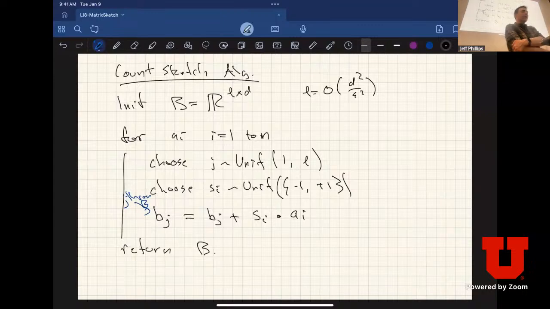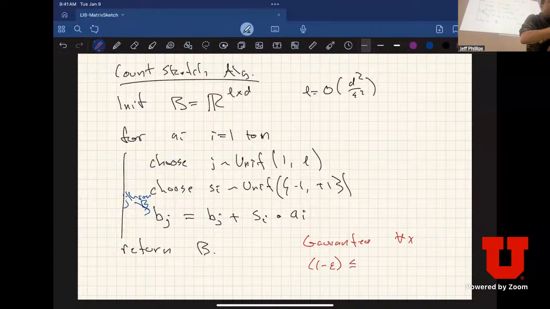But what I care about, remember, the guarantee is something like for all x, 1 minus epsilon is less than or equal to norm Ax squared divided by norm Bx, at most 1 plus epsilon.